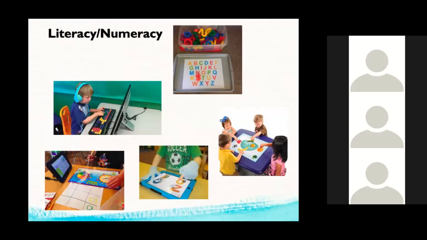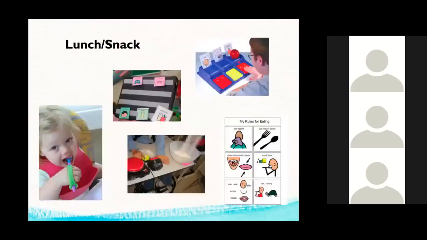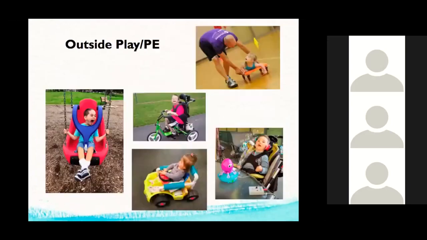And you can see an adapted keyboard up here as well. So lots and lots of different adaptations for lunch and snack time. You can see those, and adaptations for outside play. This young lady on the very bottom, this little girl here has a Go Baby Go adapted car.